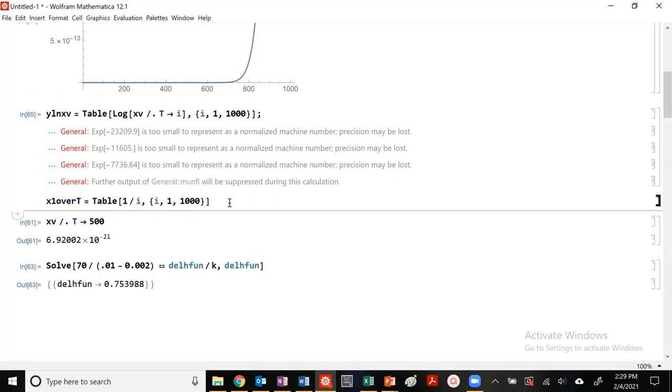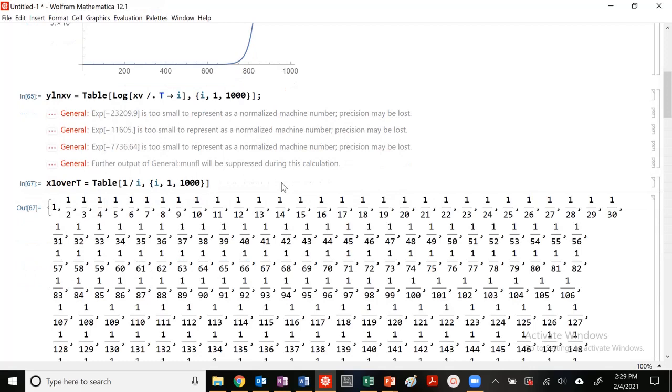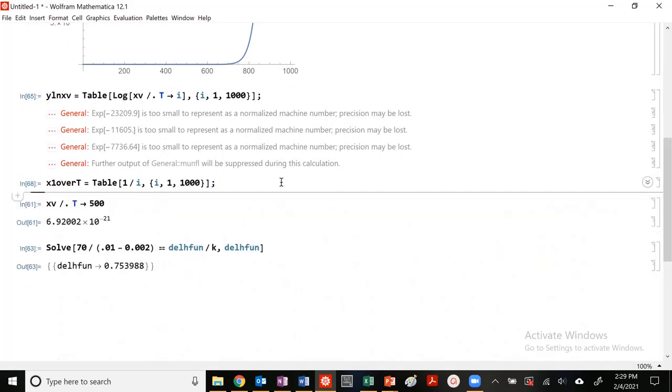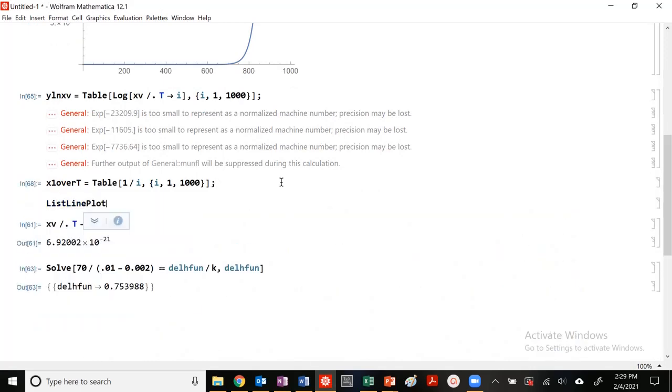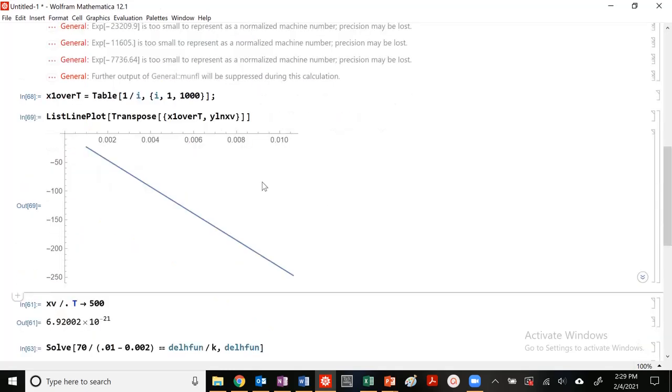So I can now do a ListLinePlot, transposing x, 1 over T, and y, ln of XV. This is probably not the most elegant way to do it, but it'll work nonetheless.